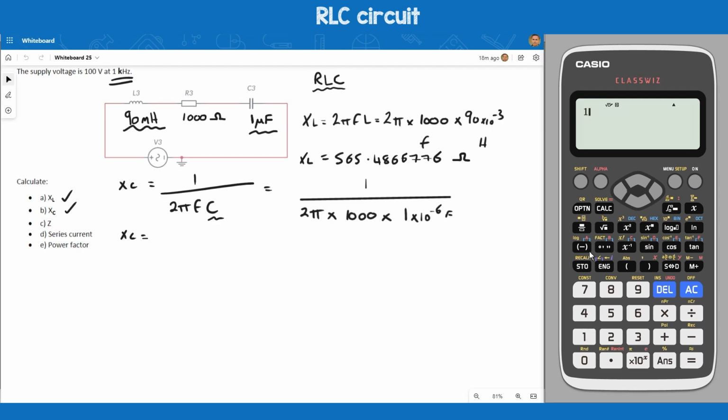So XC is 1 over 2 pi times the frequency of 1 kilohertz, or 1000 Hertz, times the amount of farads we have for the capacitor, which is 1 times 10 to the minus 6. So XC is 159.1549431. I always write the full amount down in case I need to use it later on. And because that is a reactance, it's in ohms.